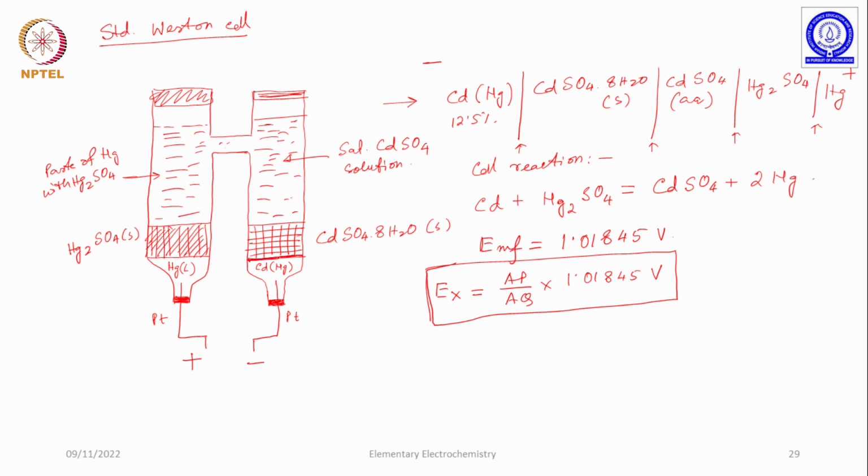So, these boundaries are distinctly marked as the vertical line in your cell. There is no such boundary here, but this is like a flow. So, there is also a line given like that, which is basically separating the mercury from the cadmium sulfate in solution. So, we will stop here in this class, and we will continue from here in the next lecture. Thank you.